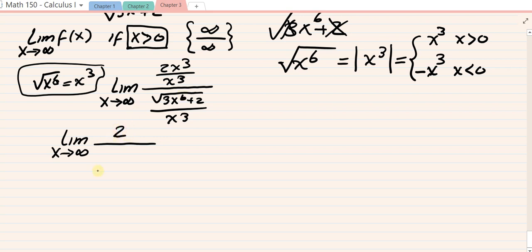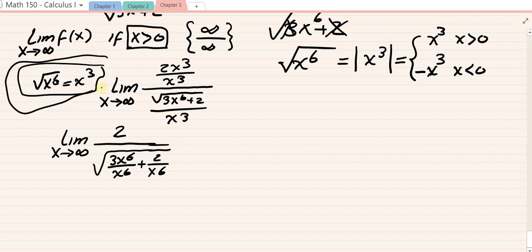In the denominator, the square root of, and now I'm going to move x cubed within the radical. So it's going to be 3x to the 6 over x to the 6 plus 2 over x to the 6. You see how I moved that x cubed inside? X cubed outside the square root becomes x to the 6 inside. See, right here, we have that here. So that's the form I used.